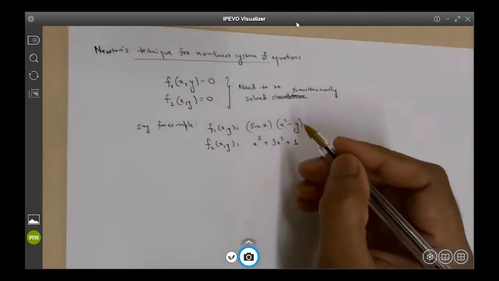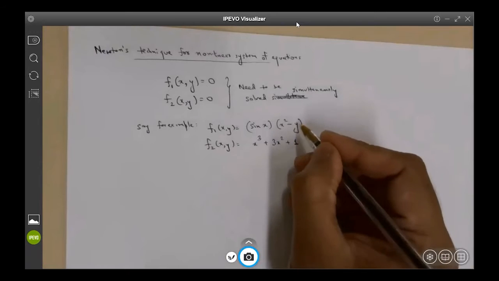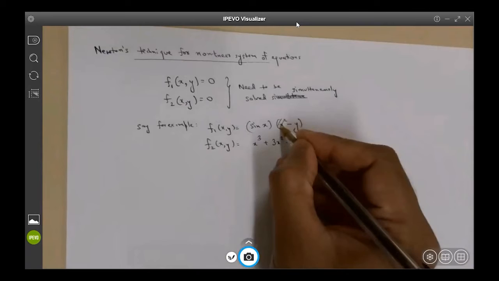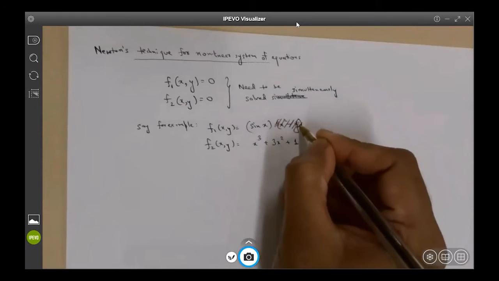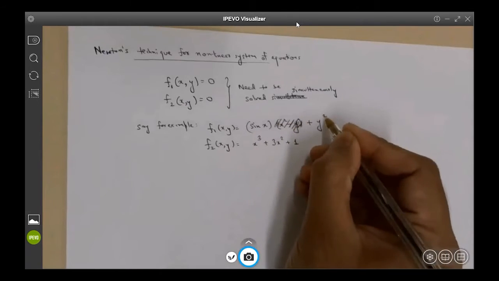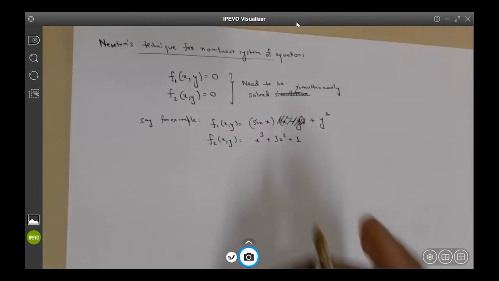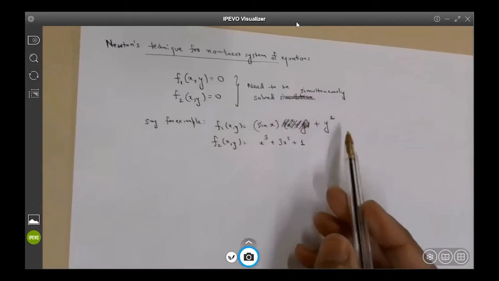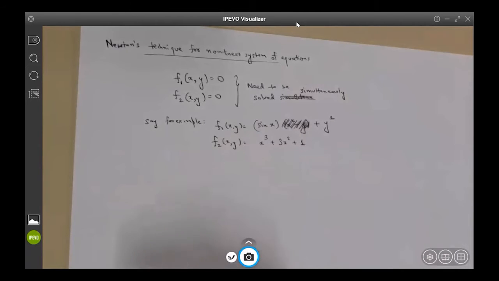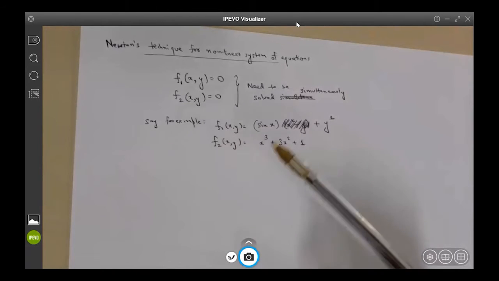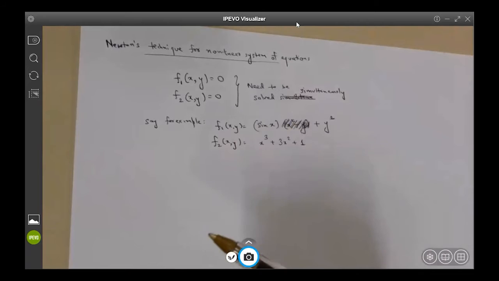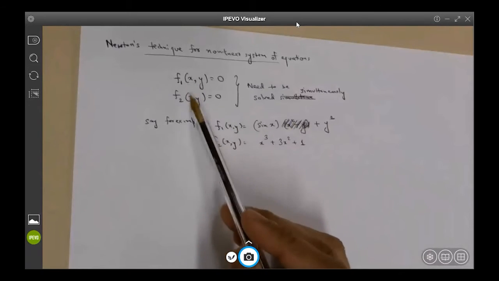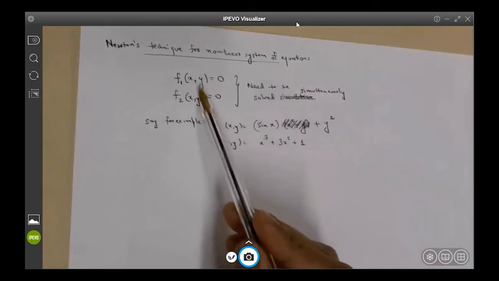Actually, to make life easier, let me use sine of x plus y squared. Okay, so let's say this is the form you have for the functions. Of course, these are nonlinear functions. And you would like to find a specific value of x and y that satisfies both of these functions, that is, we solve both of these functions simultaneously.